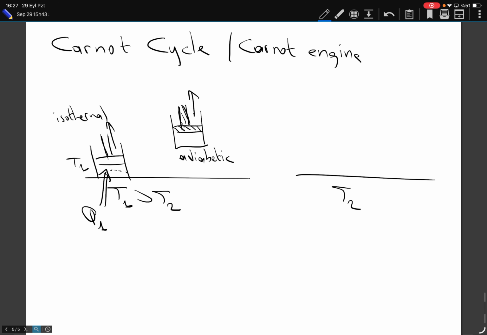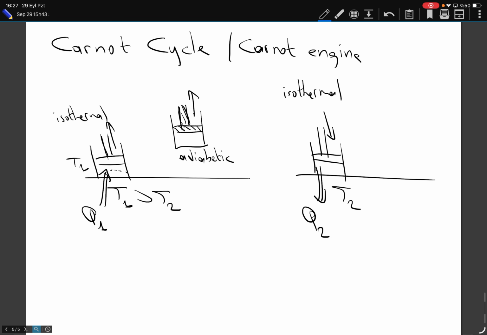Once the temperature reaches T2, I bring it back and put it in contact with the reservoir at low temperature. I keep compressing it. Again, this is isothermal because it's in contact with a heat reservoir, so it releases some heat, Q2, to the cold reservoir.